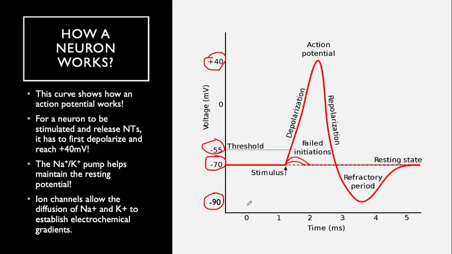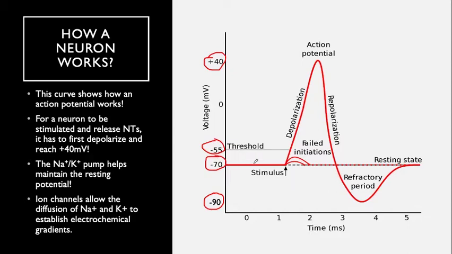So let's see what happens during an action potential. You have some stimulus, right? And the stimulus, it's the thing that is going to actually make the neuron fire. And by fire, I mean release the action potential. So for that to occur, you have to beat the threshold. So negative 70 is what you call your resting membrane potential, right?